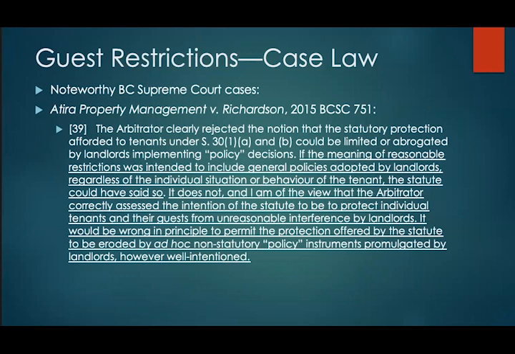Now, it might be reasonable for a landlord to put a guest restriction on a particular guest of a tenant because that guest disturbed other tenants or caused damage, but they're not allowed to just impose that on every single tenant who lives in the building. So these building-wide blanket policies were found to be unlawful. And that comes from the Attira and Richardson case.